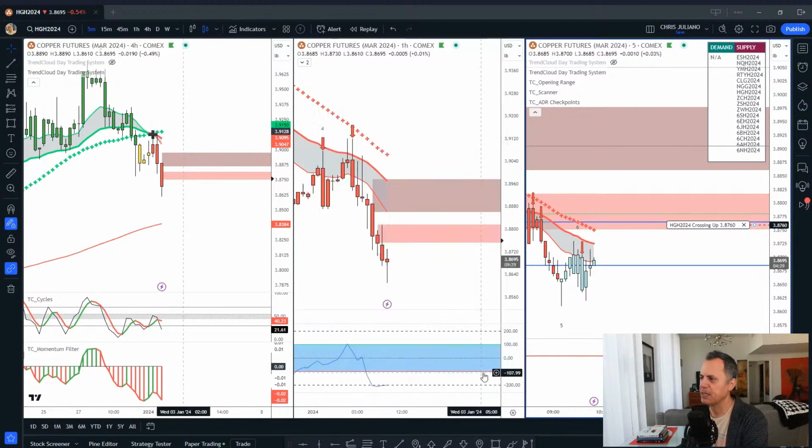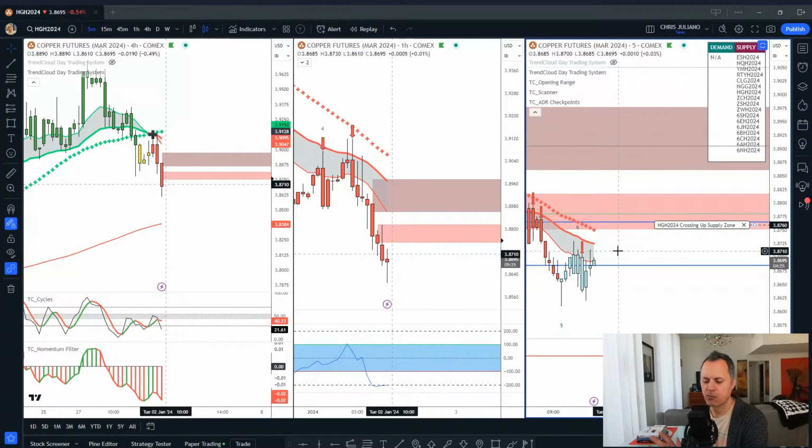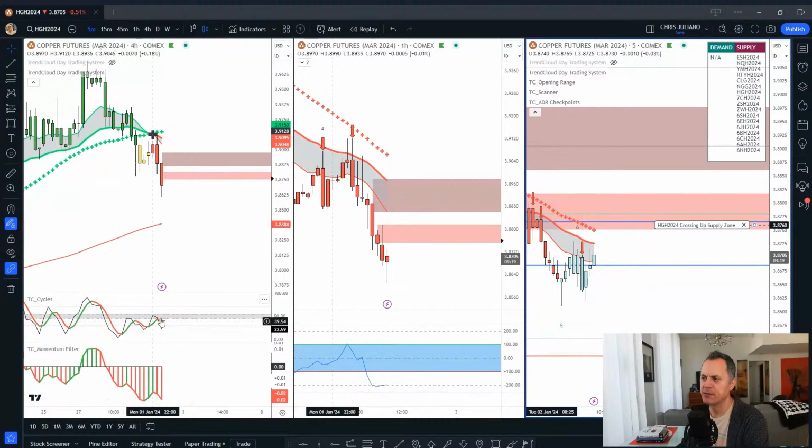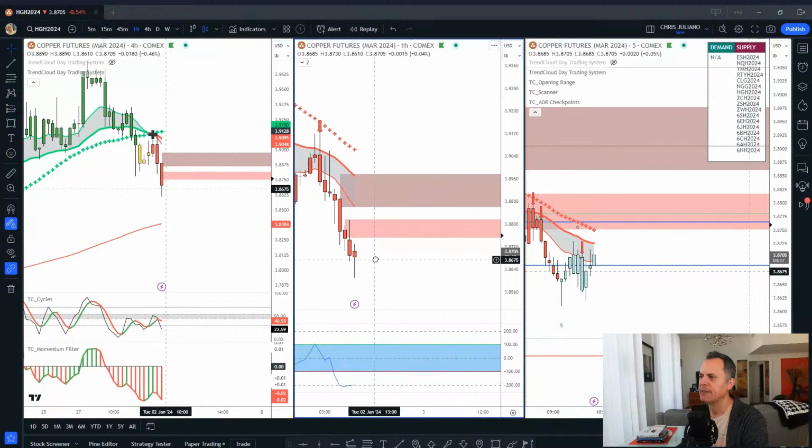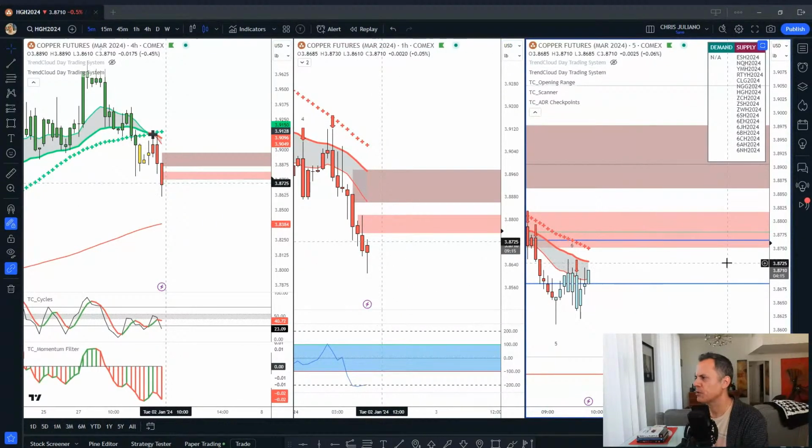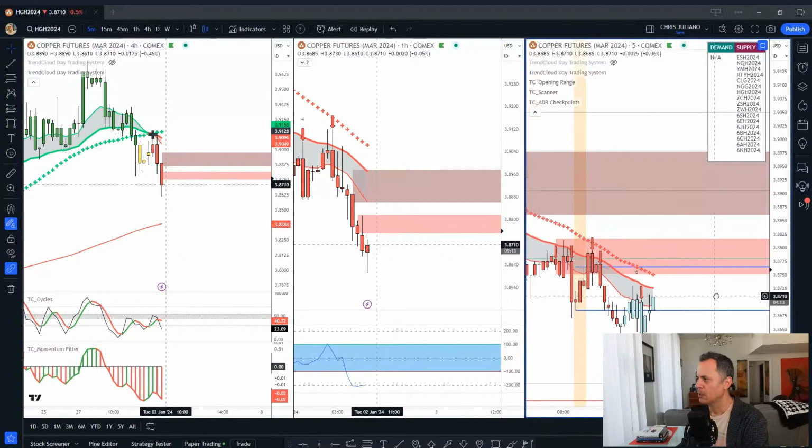That's going to send me a text and it's going to let me know, hey, Chris, we're making a move into that supply zone area. Let's make sure momentum looks right, and then we'll decide if we want to take that trade. But it is coming. It is moving back up into this area.